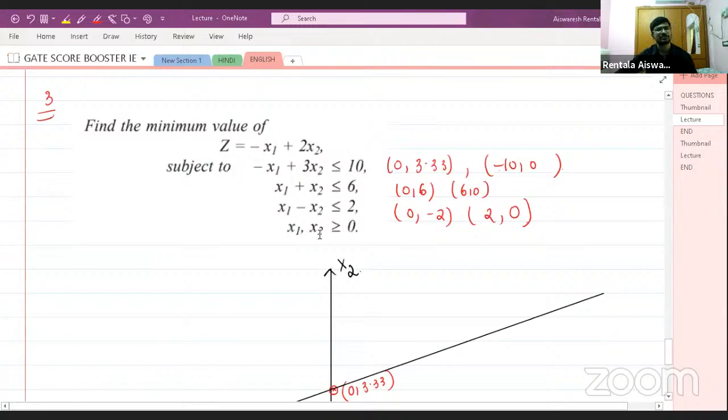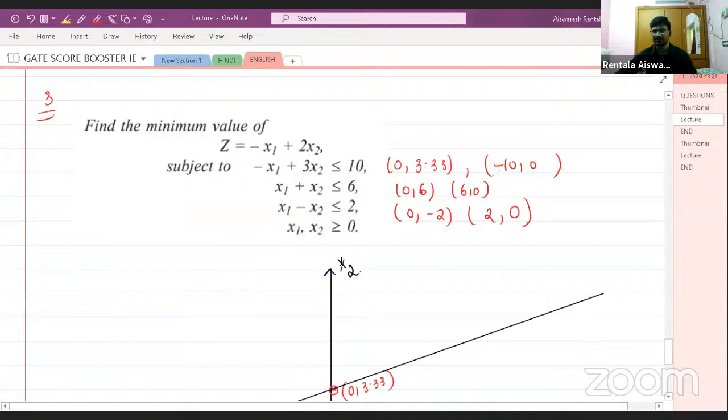In all the questions we come across in our GATE examination syllabus, it will be x1 comma x2 greater than or equal to 0. If you go into some post graduation level, you will come across different types of things also, where x1 or x2 will have an unrestricted sign. That is not in our syllabus, so do not worry about those things.